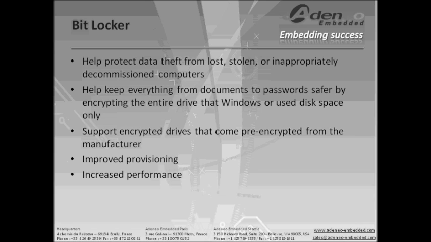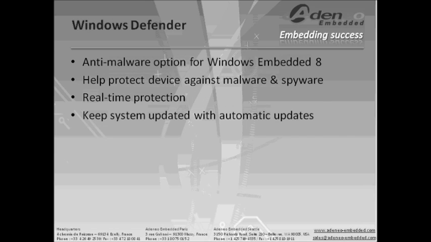So, in addition, concerning security, you have Windows Defender. So what is it? Windows Defender is an anti-malware option for Windows Embedded 8. It helps to protect your device against malware and spyware. You have real-time protection, and you can keep your system updated with automatic updates.